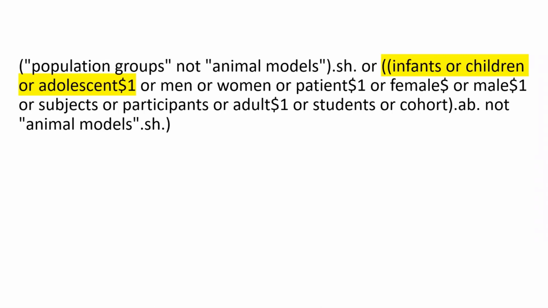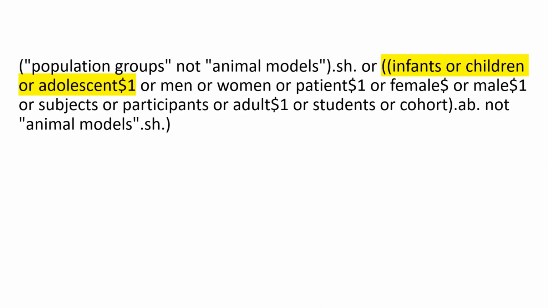And the same thing with male, but female doesn't have a longer extension. So you could put female and then add the 1 at the end, but it's not necessary.